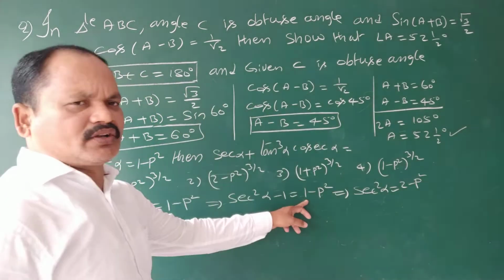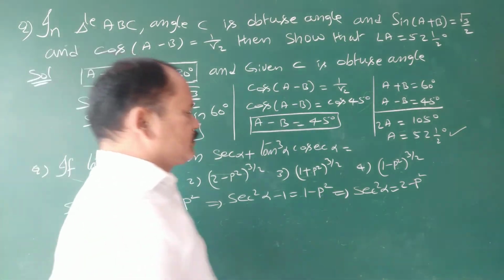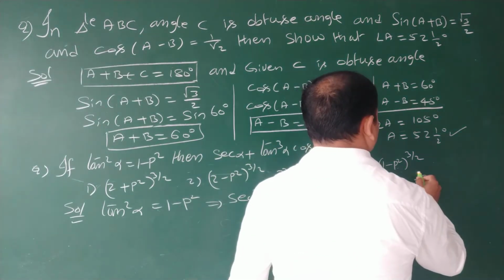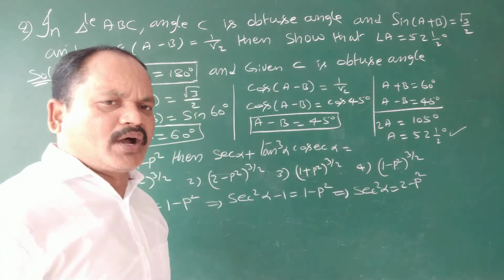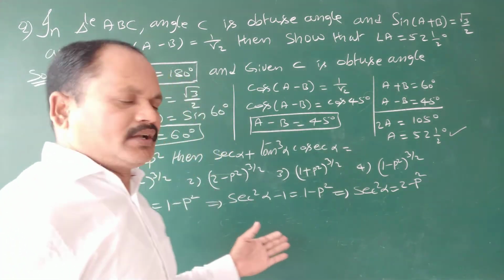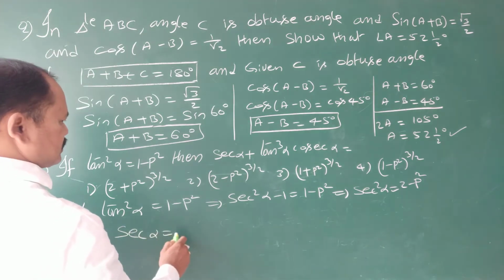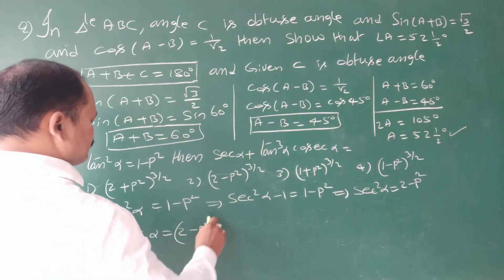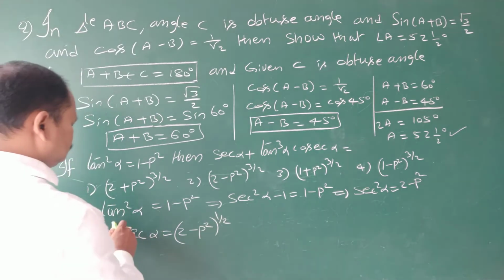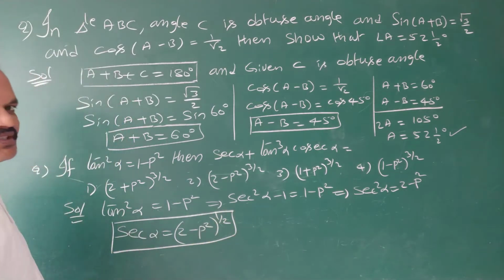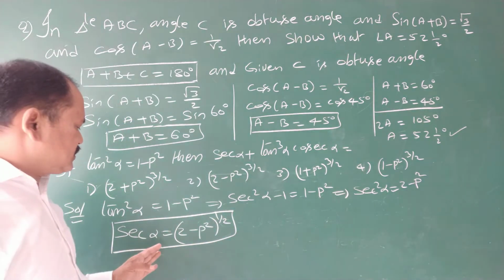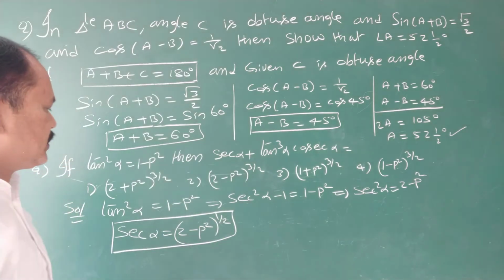Since take this side 1 plus 1, 2 minus p square. That's why from this, what we have to write, the secant alpha. Now secant alpha is equal to (2 minus p square) power 1 by 2. This is the result of secant alpha. Secant alpha is (2 minus p square) power 1 by 2.